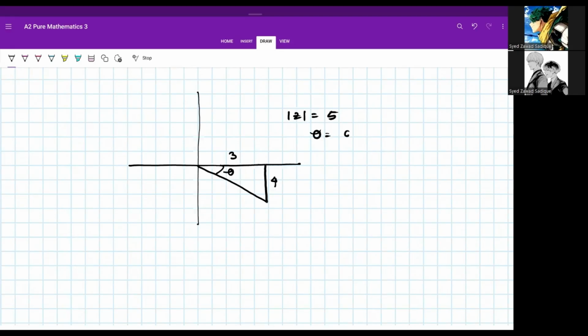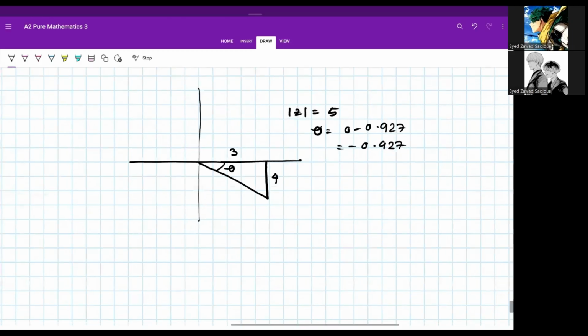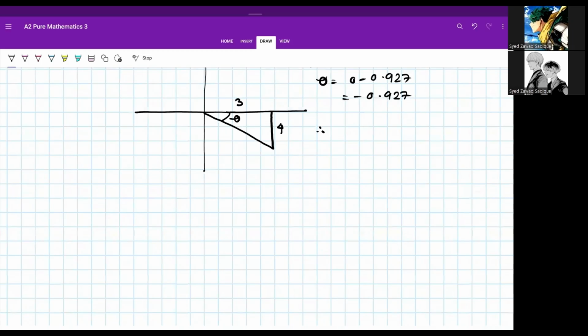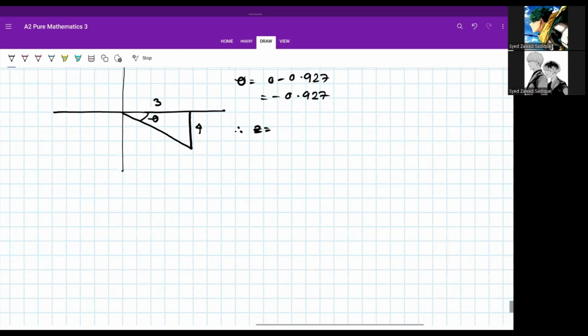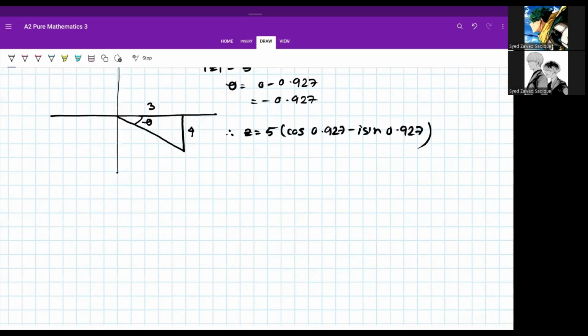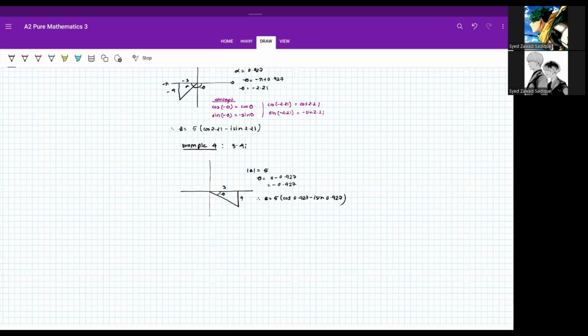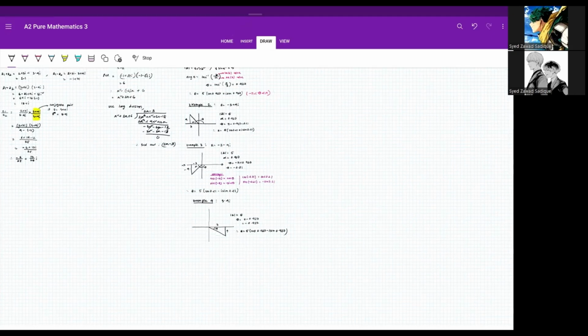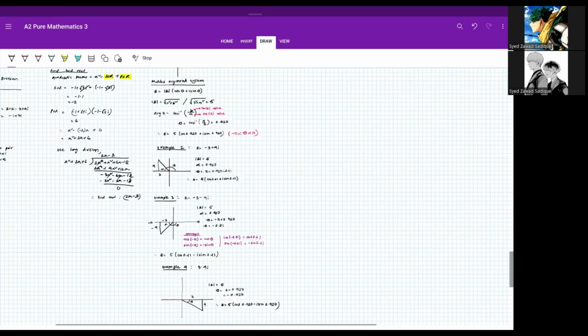Theta is equal to 0 minus 0.927, which is equal to minus 0.927. Therefore, we can say z is equal to 5 cos 0.927 minus i sin 0.927. Okay, now this was the modulus argument system.